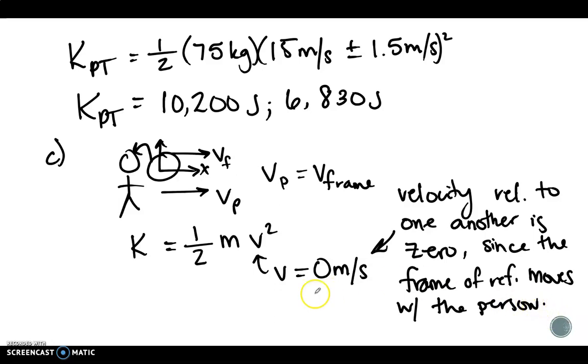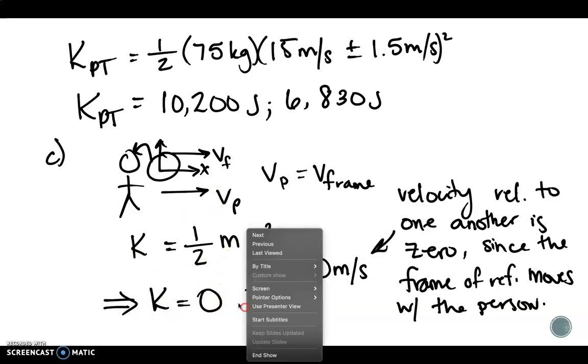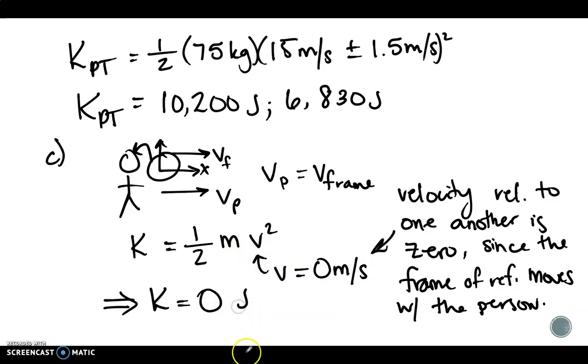And so that is why the velocity here is 0. That means that the kinetic energy of that situation is 0 joules. Okay? I know that was a lot, but I thought that was a good example to look at both relativity and kinetic energy.